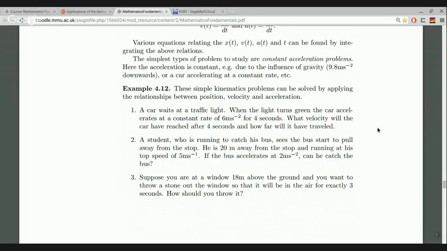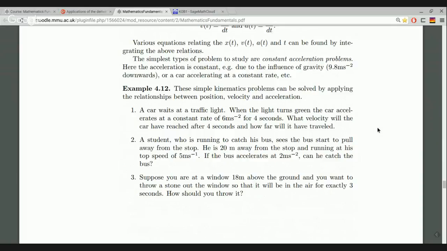Now, what do we want to say? We want to answer the question, will the student catch the bus? So the question is, will xs of t equal xb of t for any t greater than 0?